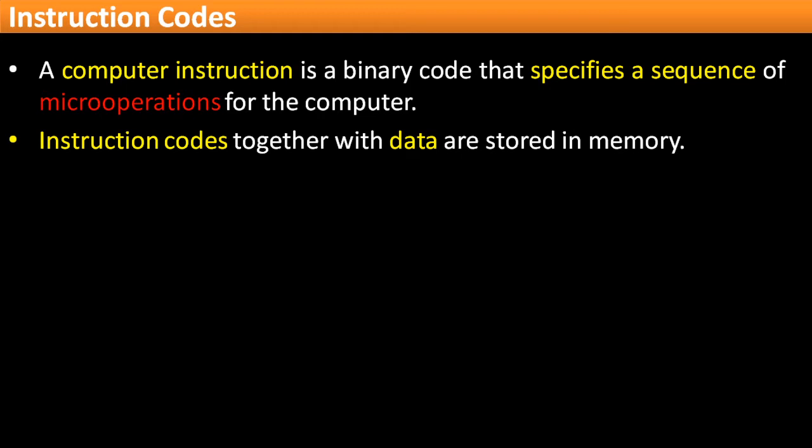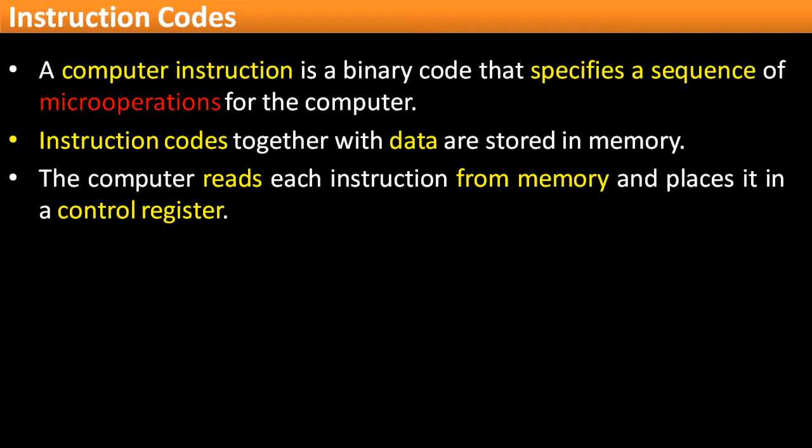Now, the computer, as we all have studied earlier, usually has three basic modules. One is the central processing unit, another one is the input-output section, and another one is memory. By default, the computer communicates with the memory, and the instructions that the computer understands are loaded into the memory, and the instructions that are going to work on the operands are also stored in the same memory module.